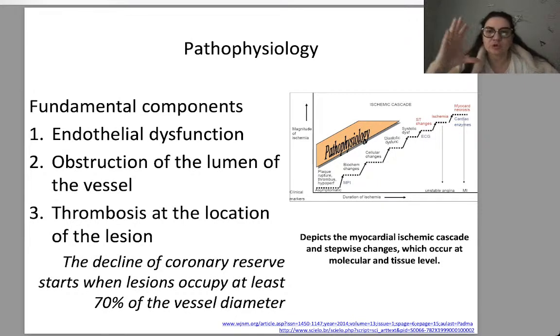When it is obstructed by 70% and more, the vessel is very narrowed, oxygen supply is abnormal, blood flow is abnormal, and in this case it can lead to the clinical picture of coronary insufficiency and angina.